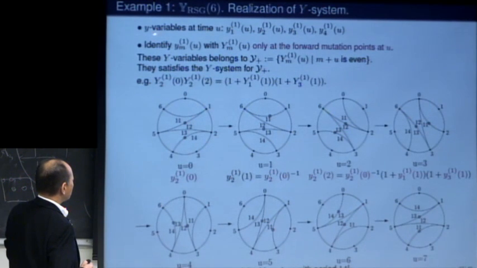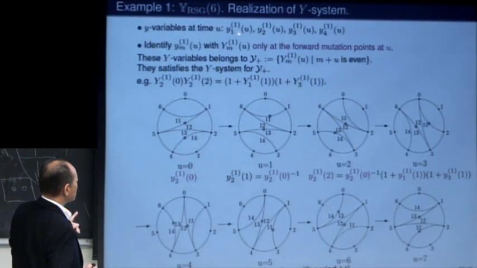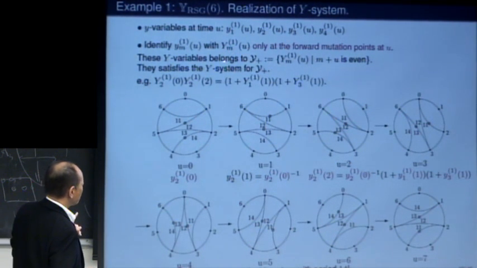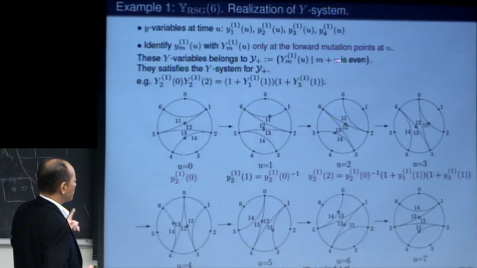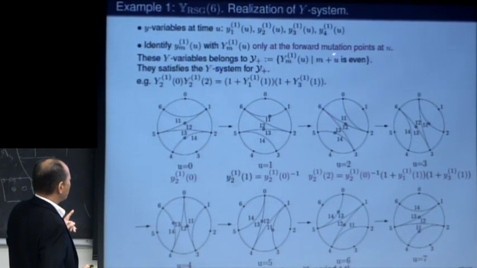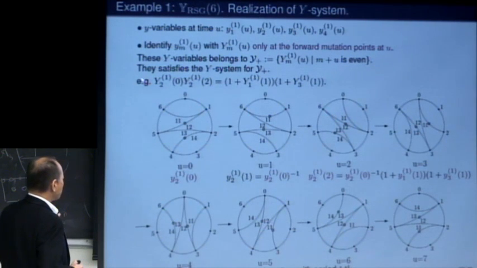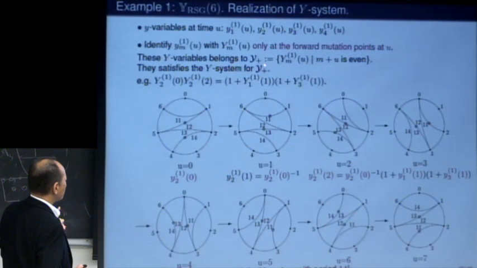We have a y variable cluster algebra at each time, and I will identify this with this capital Y variable for the y system only at the forward mutation point. In that way, we obtain the y variable belonging to y plus, the y variable having a positive parity, even parity. And the statement is that they satisfy the y system for y plus.